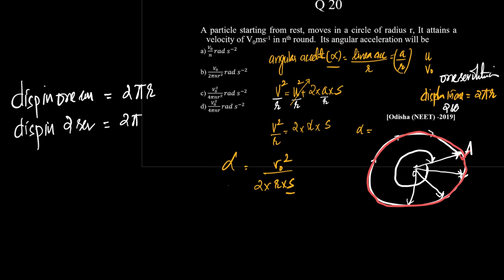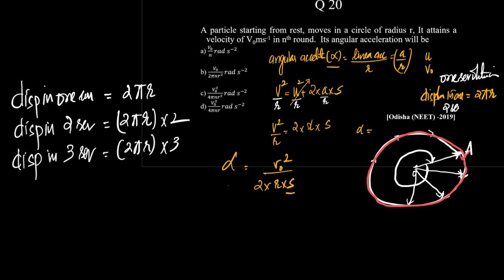It is 2 pi r into 2. What is the displacement in 3 revolutions? It is 2 pi r into 3. So what would be the displacement in n revolutions? It would be 2 pi r into n.